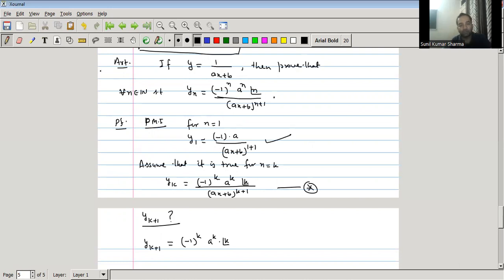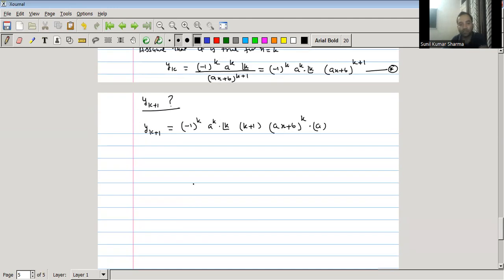You can also write this as minus 1 to the power k, a to the power k into k factorial into ax plus b to the power minus k plus 1. So when we differentiate, we get minus k plus 1, ax plus b to the power minus k plus 1 minus 1, so a to the power k into again you get a.